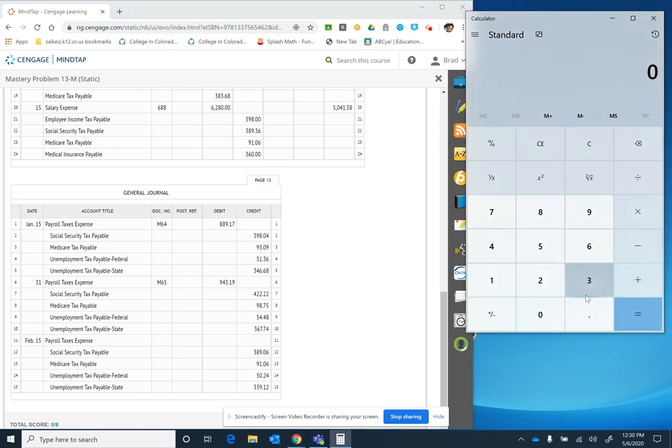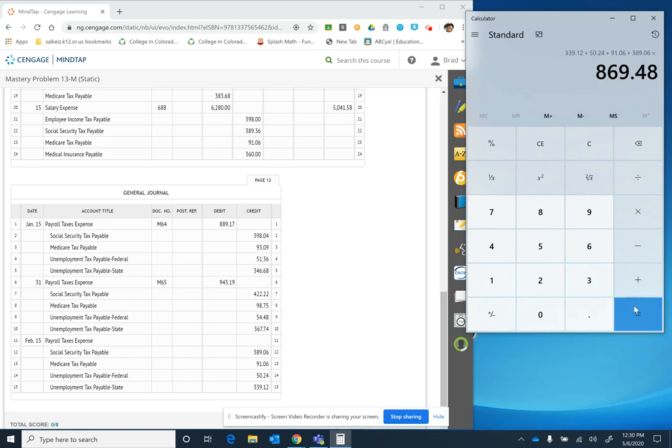All right, so 339.12 plus 50.24 plus 91.06 plus 389.06.